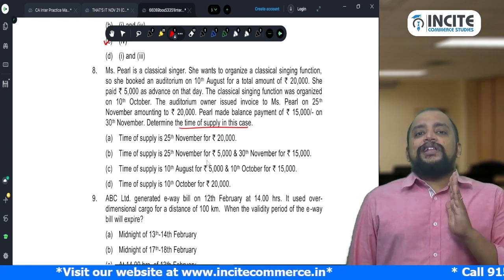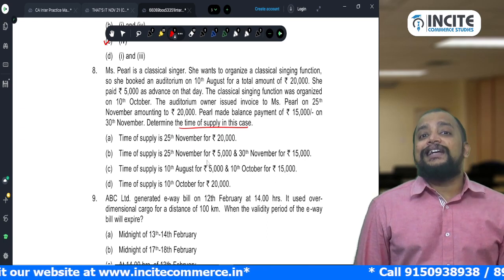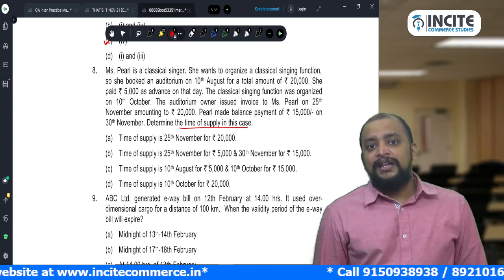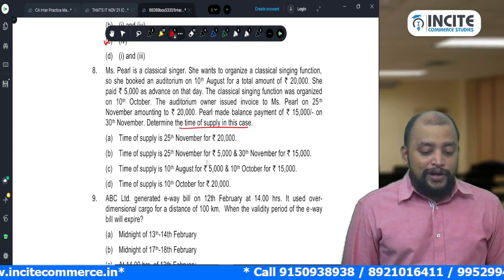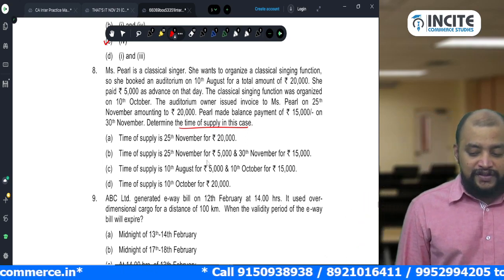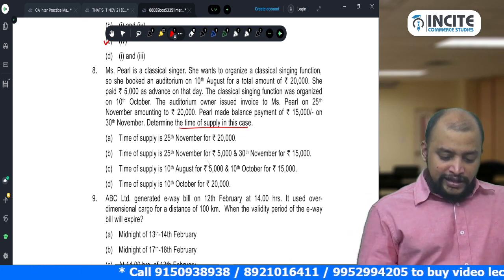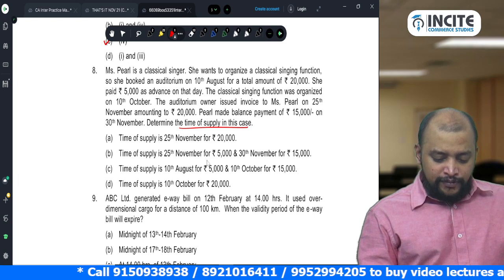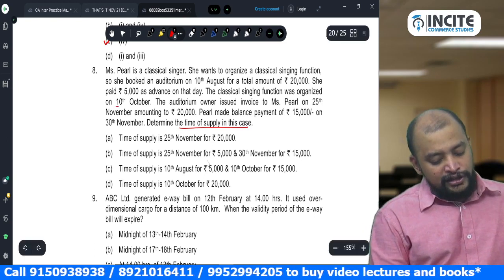We need to check whether the invoice is given within the due date or not. What is the due date of the invoice? 30 days from the date of completion. Here it is not banking and other financial services, na. So therefore, what is the date of completion of service? She booked an auditorium on 10th August and the function was organized on 10th October.